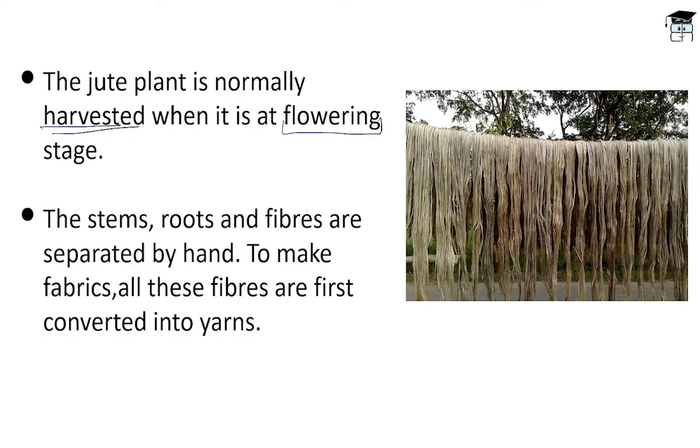That means that whenever the jute plant has flowers, it is harvested. The stems, roots and fibers are separated by hand, just like the cotton plant.